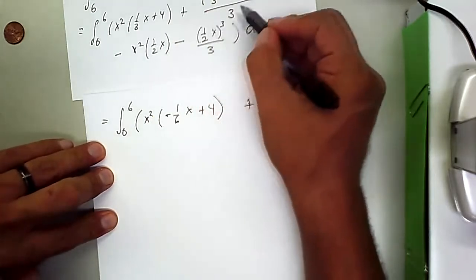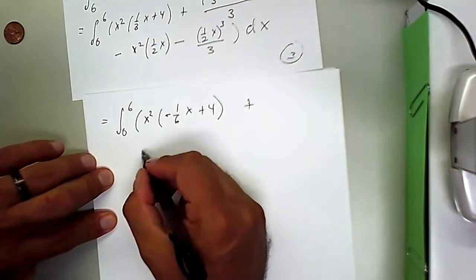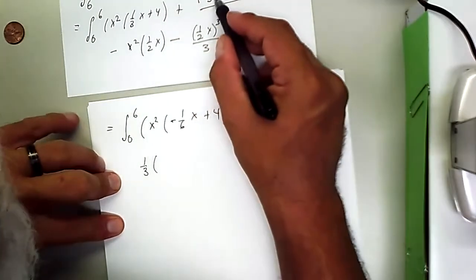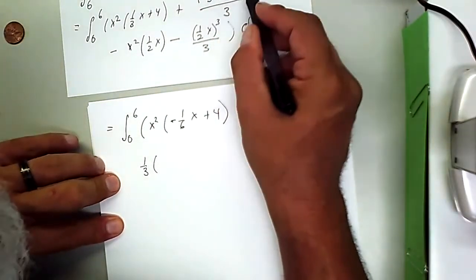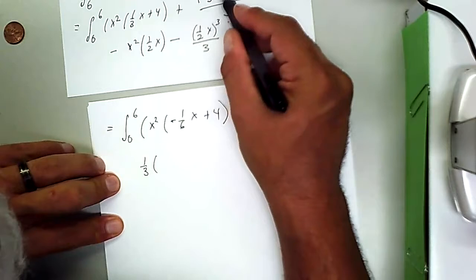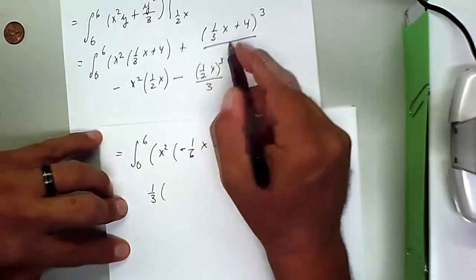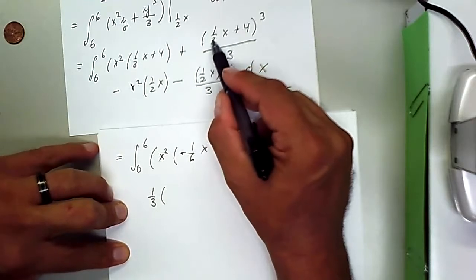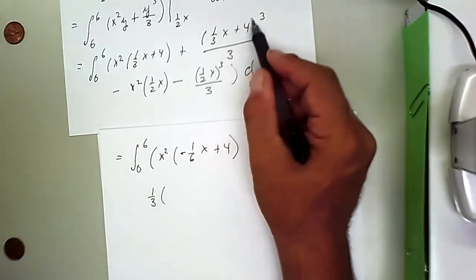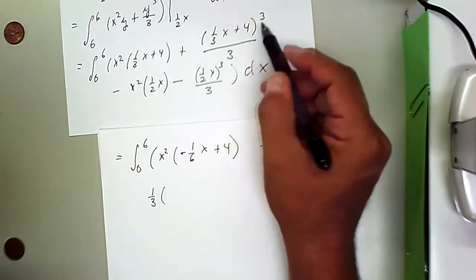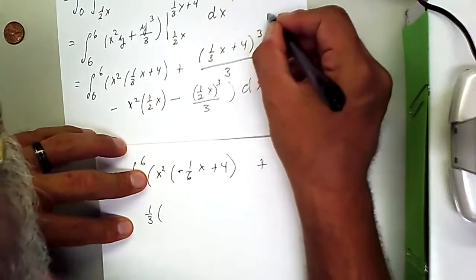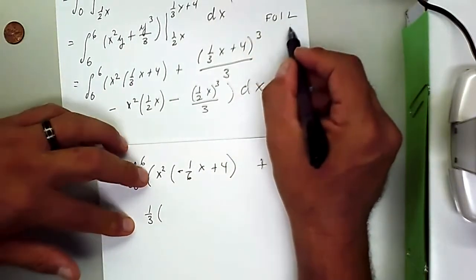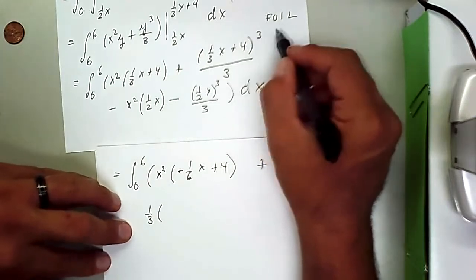Plus, those two have a 1/3, which I'm going to factor out, 1/3 parenthesis, and then I'm going to start foiling that out. This cubic has to be foiled. If you are not very familiar with foiling a cubic, by the way, I'm using the word foil, which is technically incorrect because that is used only for two binomials that we are multiplying together.